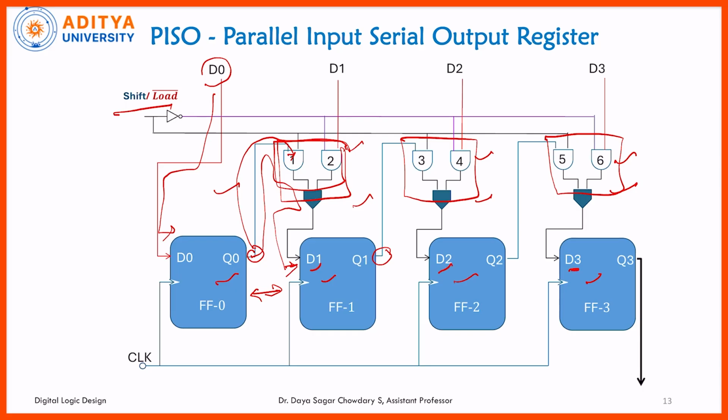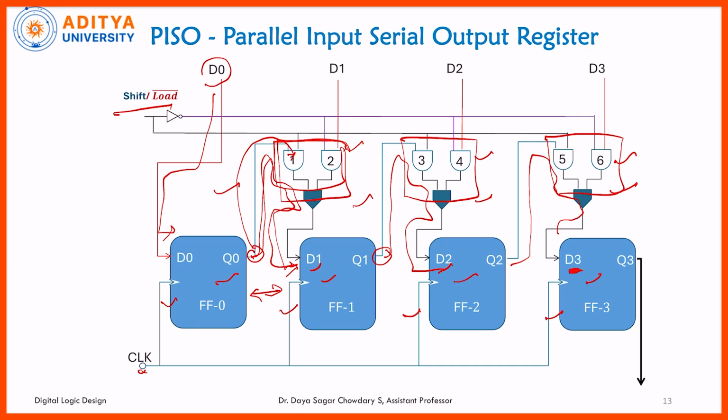So D3 indirectly depends on Q2, D2 indirectly depends on Q1, and D1 indirectly depends on Q0. The clock signal is common for all the flip flops.